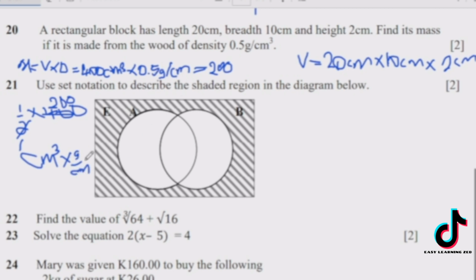This centimeter cubed and this centimeter cubed will cancel each other. As you can see, this one is a numerator and this is a denominator. When you are multiplying fractions, that's how you can also divide the numerator by the denominator of another fraction. So this is what has happened. Then we remain with the gram. So it's going to be 200 grams.